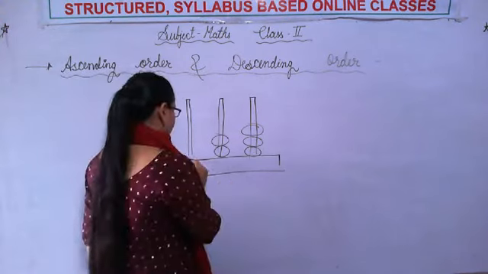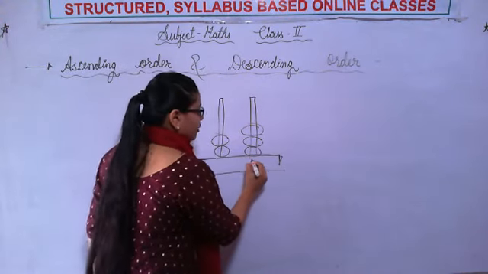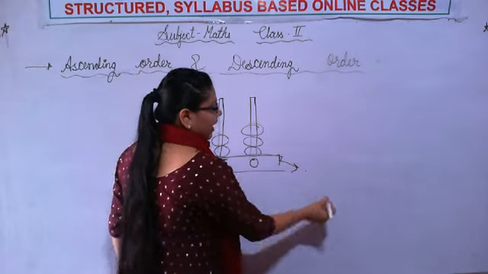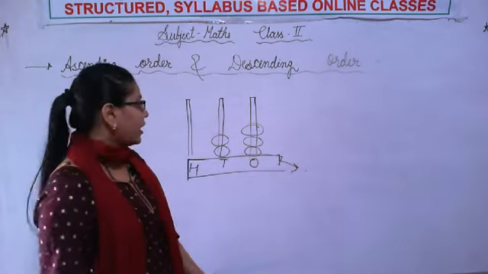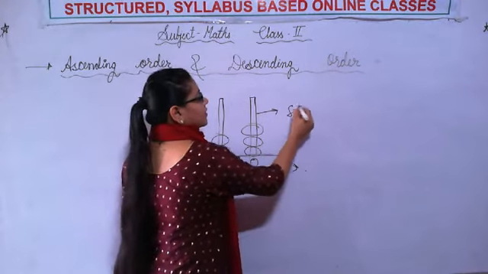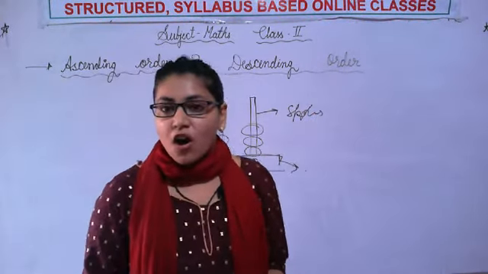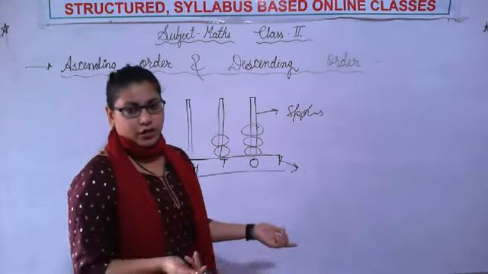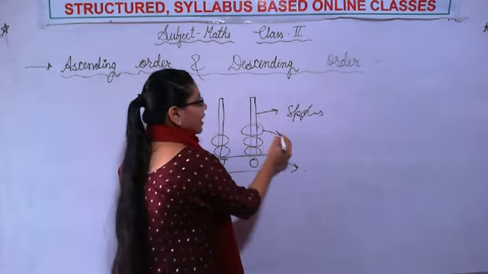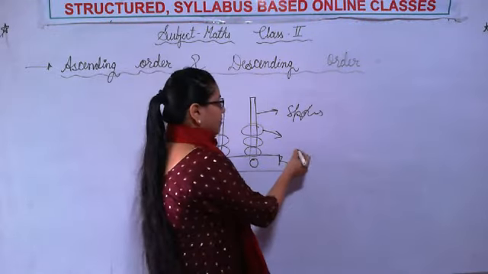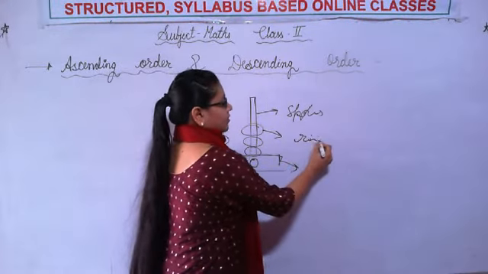This portion in which we represent ones, tens and hundreds, we can make by thermocol. These spikes we can make by straw or some wooden rods. And we can make the beads by which we represent numbers by rings.